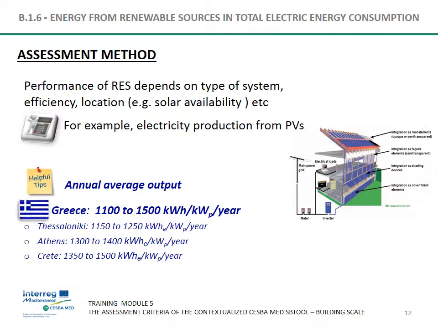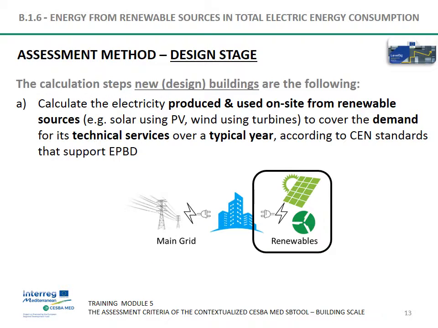Here is an example of the average annual output for Greece and other big cities. So at the design stage we can calculate the energy produced and used on site from renewable energy sources.